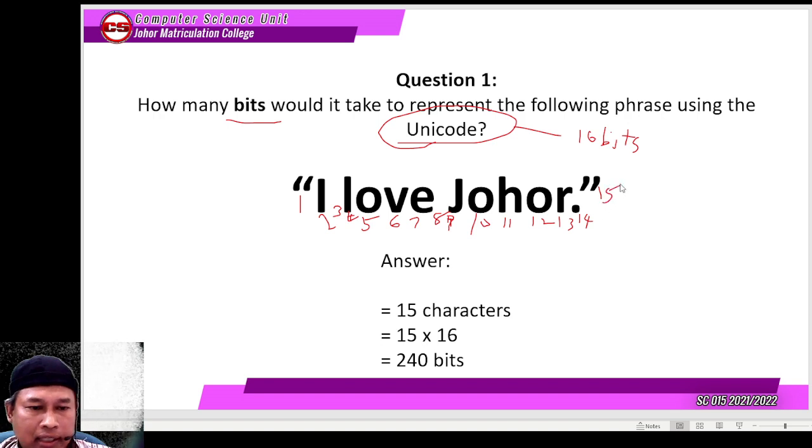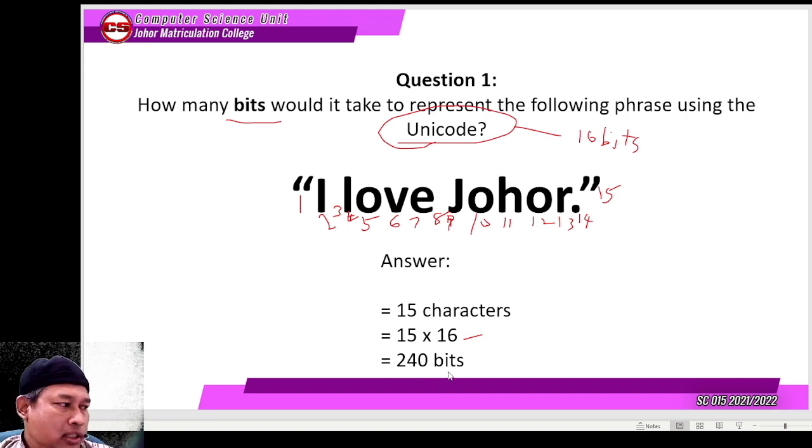So 15 characters must be multiplied by 16. Why 16? Because Unicode uses 16 bits. Now the answer is 240, 240 bits.